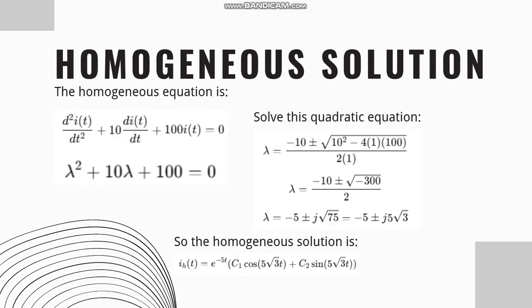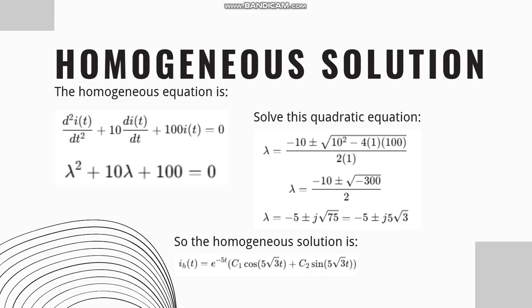Then we'll go to the homogeneous solution. The homogeneous solution equation is d square i over dt square plus 10 times di over dt plus 100i equal to 0. Then we let the solution be e to the lambda t, so it becomes lambda square plus 10 lambda plus 100 equal to 0.